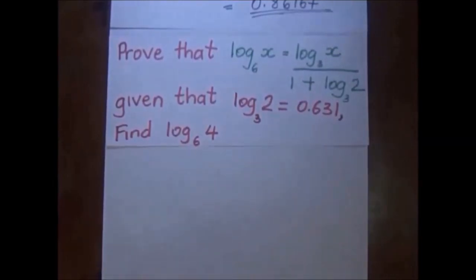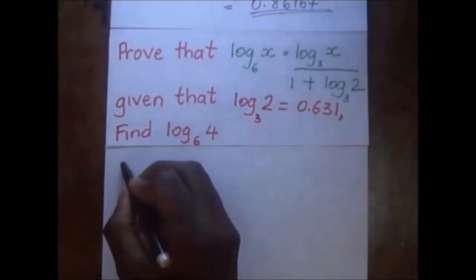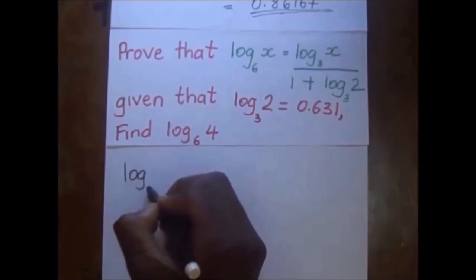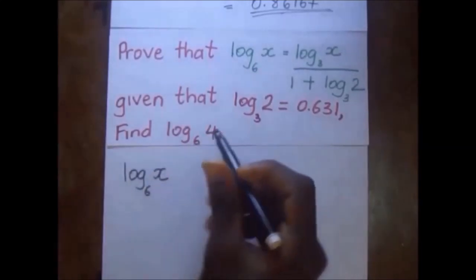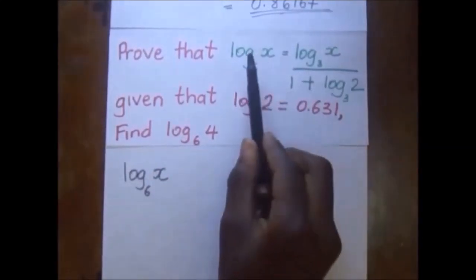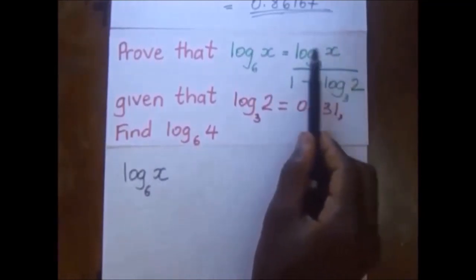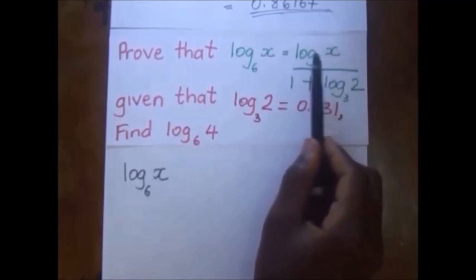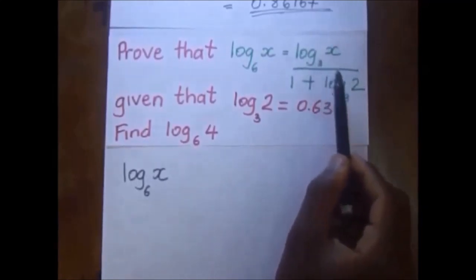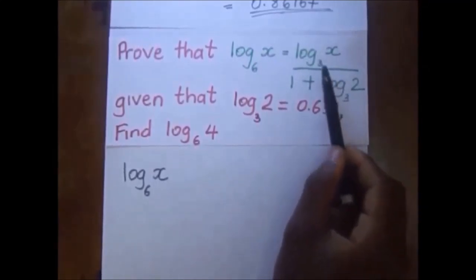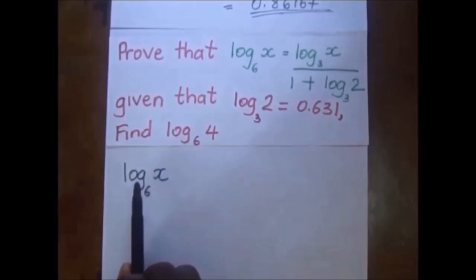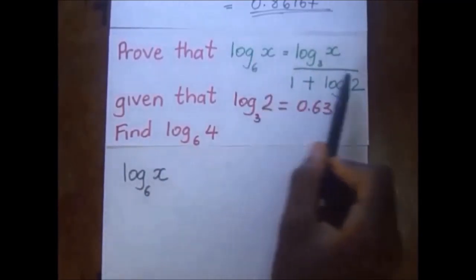This is an example similar to the previous one. Let's begin exploring it. We are proving from this side, log of x base 6. We are supposed to prove that this is equal to that. But if you look at whatever we are supposed to prove, everything here is in base 3. The logarithm is to base 3. So we shall begin here by converting this to base 3.